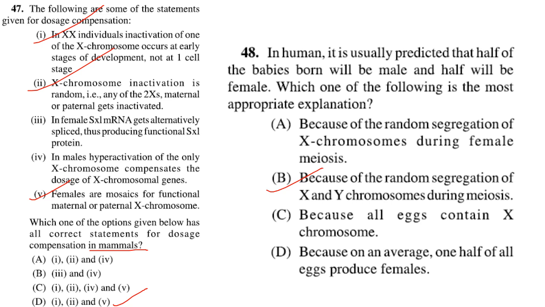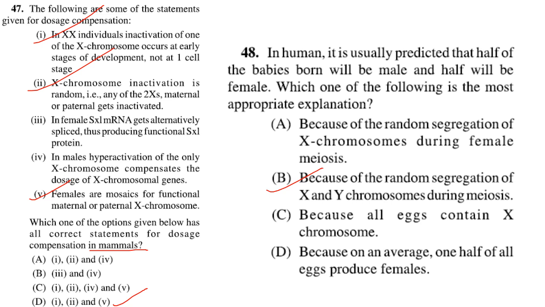Then next one. In humans, it is usually predicted that half of the babies born will be male and half will be female. Which of the following is the most appropriate explanation? Because of the random segregation of X chromosome during female meiosis. Because of the random segregation of X chromosome during meiosis. That is correct, but it should be male meiosis.